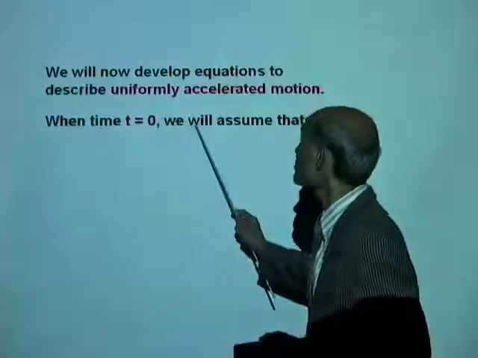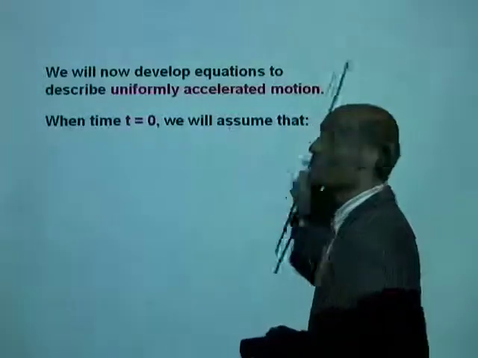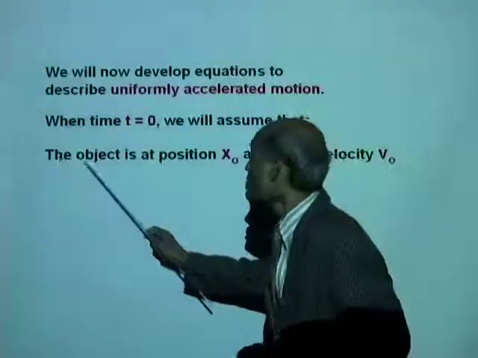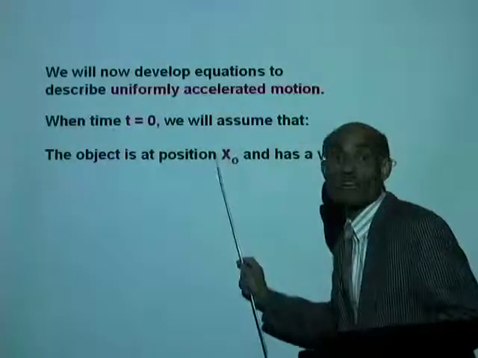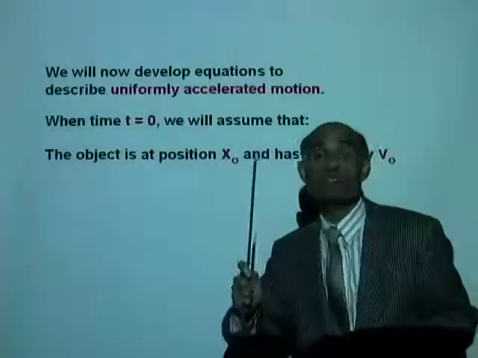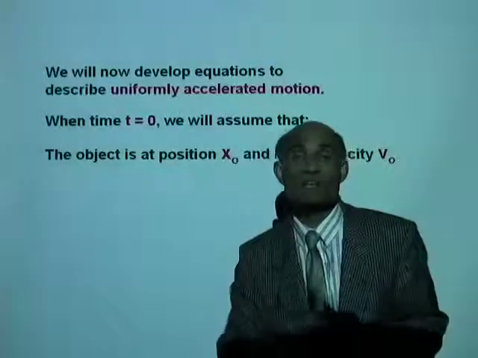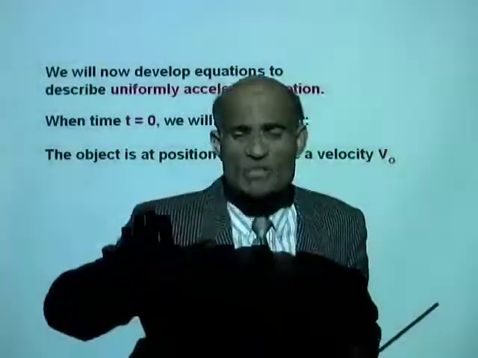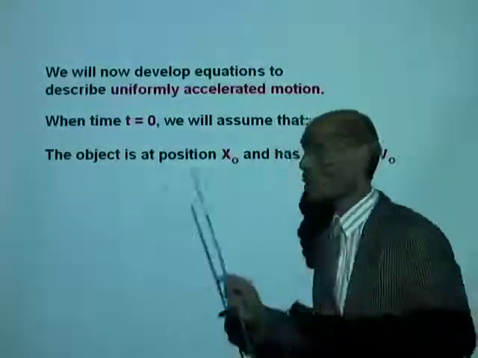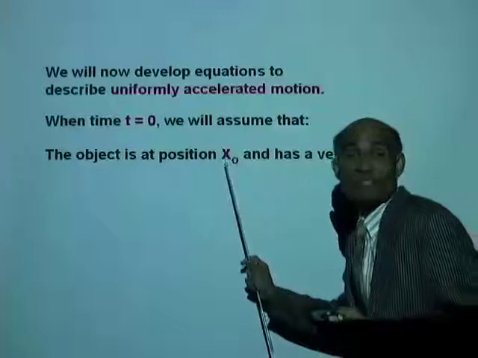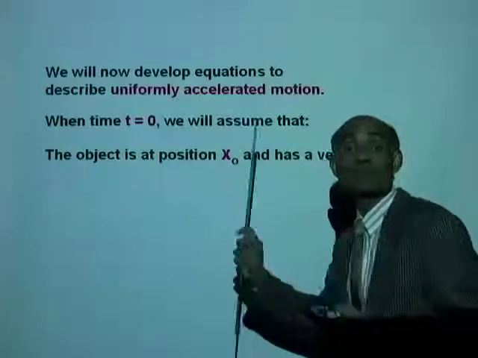When t equal to 0, we will assume that the object is at position x0. So x0 means the position of the object at t equal to 0. T equal to 0 is when we start our clock. So when we started the clock, where did you find the object? At x equal to x0.